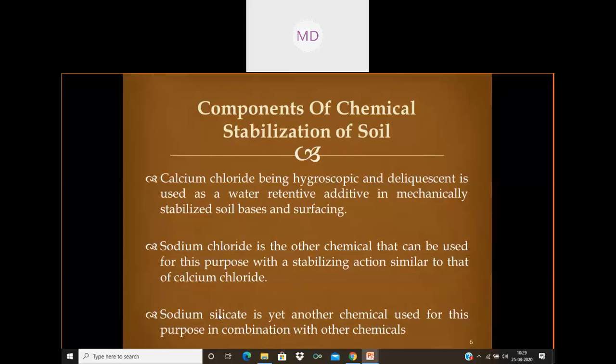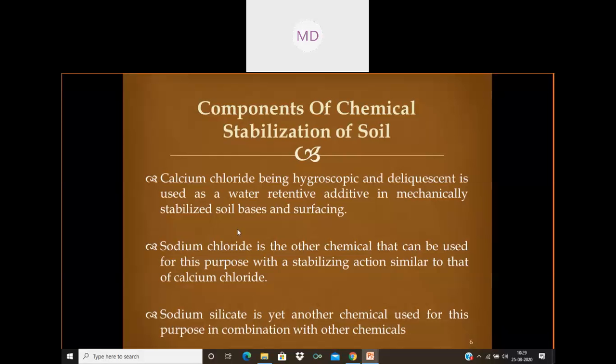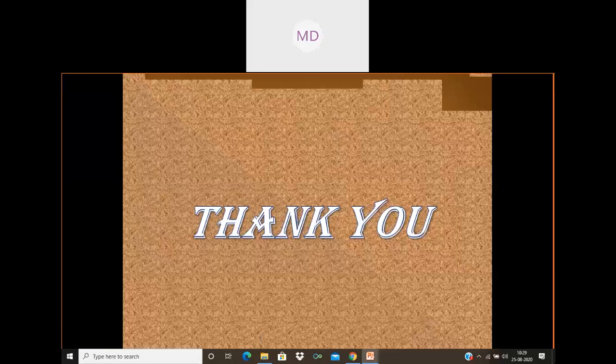You can mix calcium chloride and sodium silicate, or sodium chloride and sodium silicate. The chemical is used as a mixture of these two chemicals. So these are the various components of ground improvement techniques. I hope it is clear till this much.